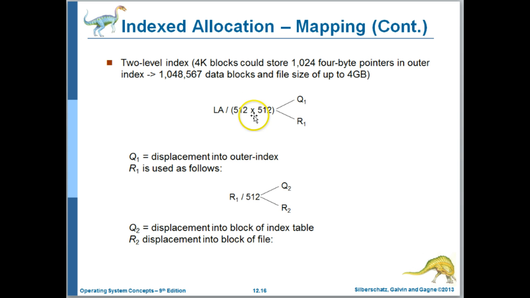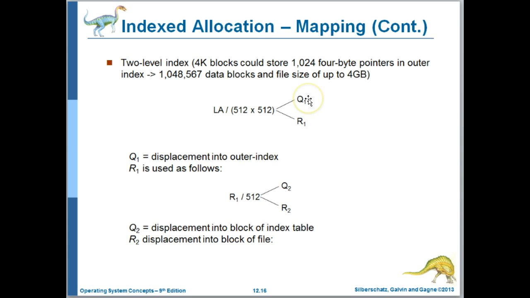Now, these numbers here are incorrect. This first number should reflect the size of a data block, so that should be 4K. This number should reflect the number of pointers in the second level index, so that would be 1024.